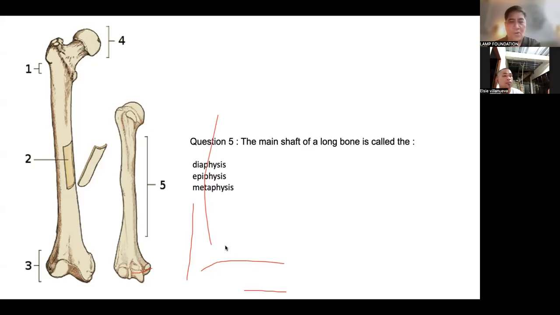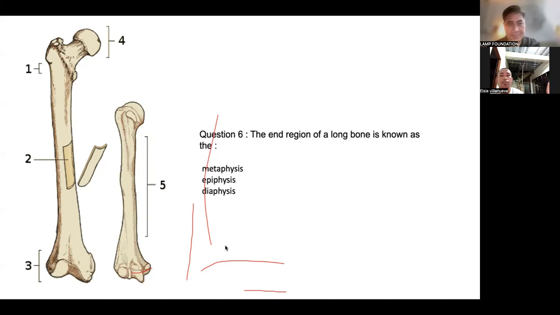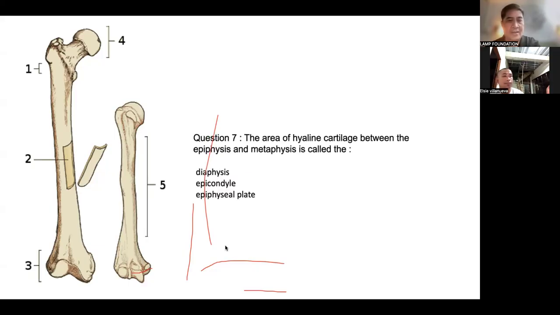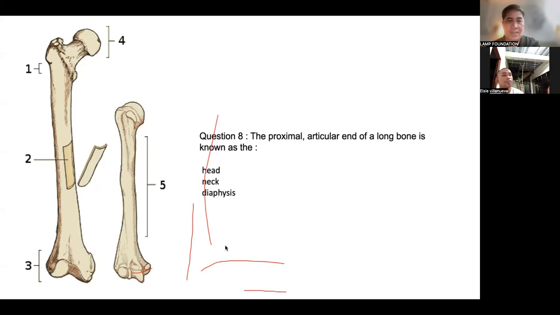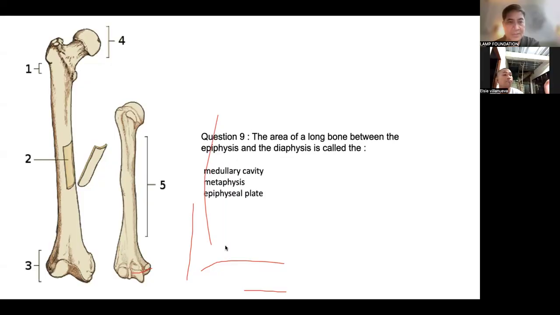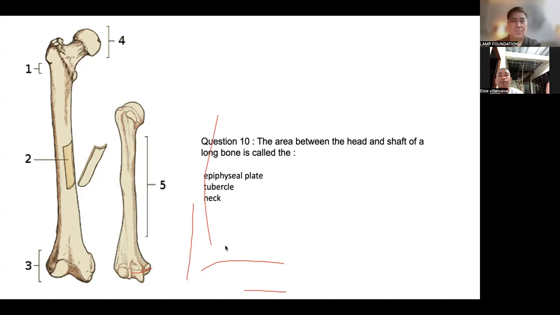The main shaft of a long bone is the diaphysis. The end region of a long bone is the epiphysis. The area of hyaline cartilage between the epiphysis and metaphysis is called the epiphyseal plate. The proximal articular end of a long bone is the head. The area of a long bone between the epiphysis and the diaphysis is the metaphysis.